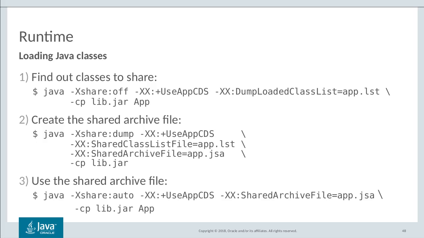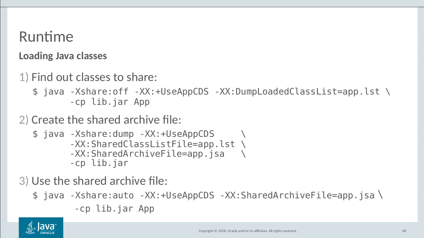Now for the second step, we have app.lst, the file with the classes that have been used and loaded by the application, which means that we are now ready to create the shared archive file. In step 2, we will once again run Java, but this time we set the -Xshare flag to dump, because we will now create the shared archive file. We again enable AppCDS with -XX:+UseAppCDS.